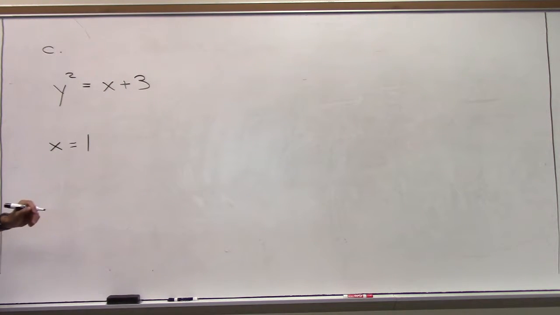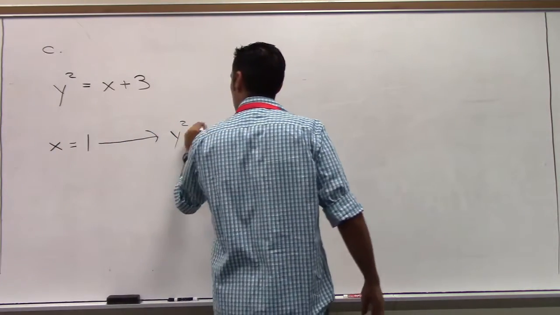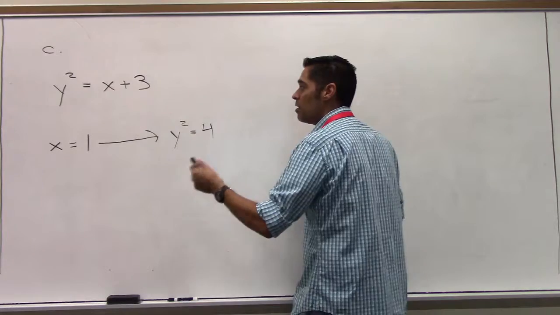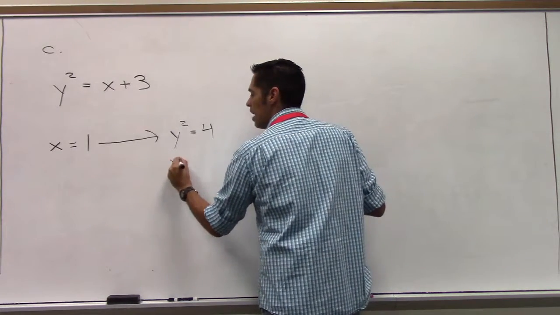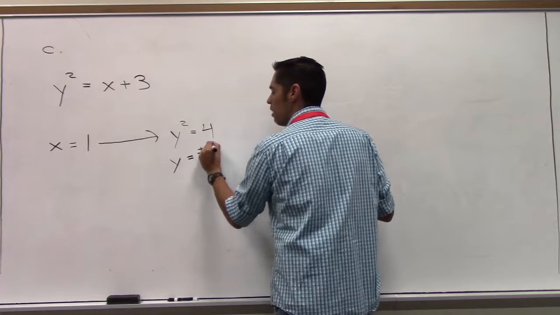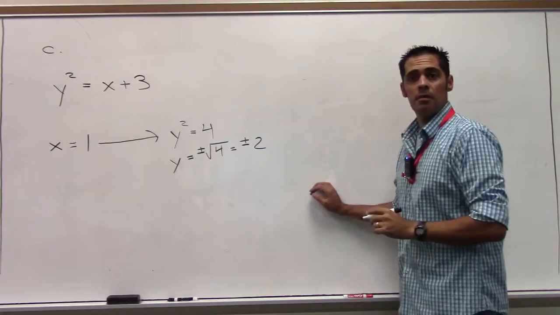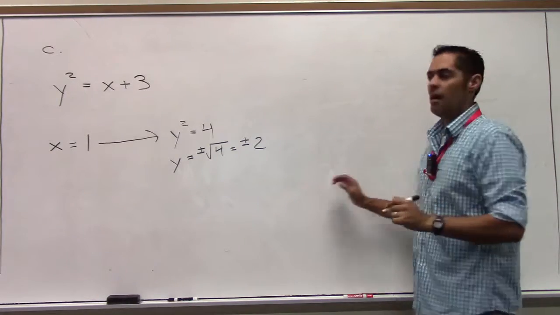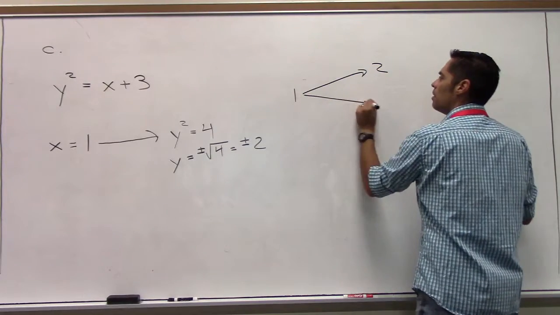How about 1? Or 6 would have worked also. If x is 1, this equation turns into y squared equals 4. And now, David, this is where you would introduce the square root on both sides. So y is equal to plus or minus the square root of 4, which is plus or minus 2. And now you have your branching out.